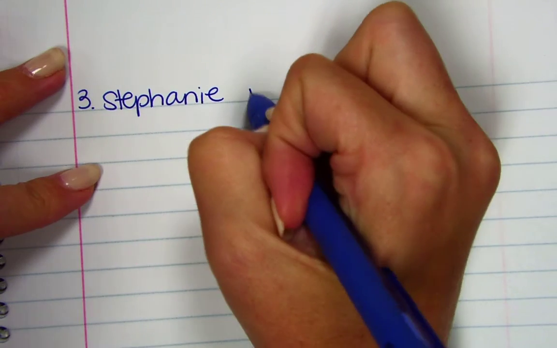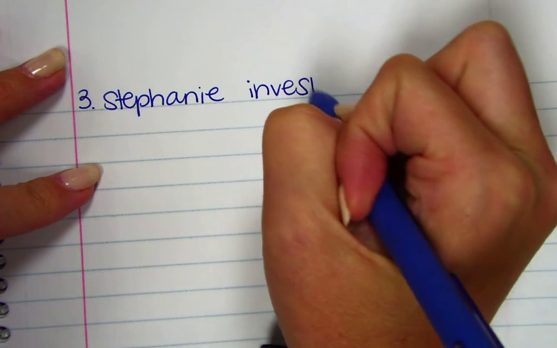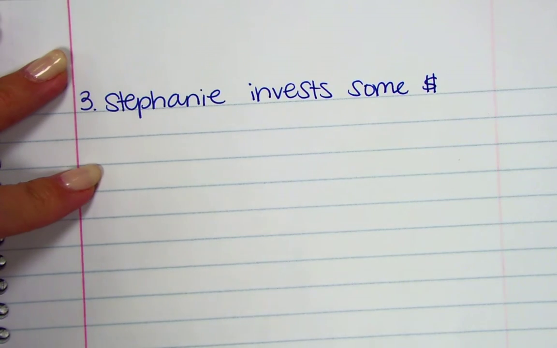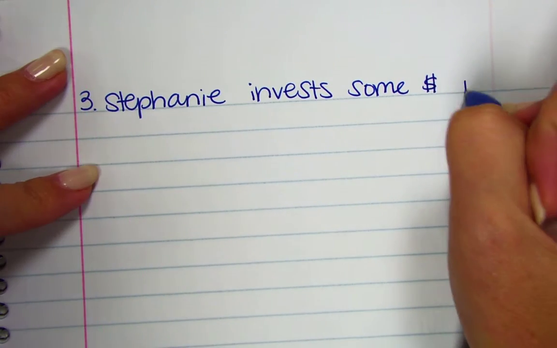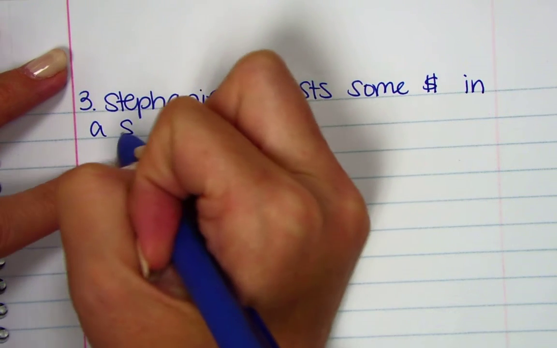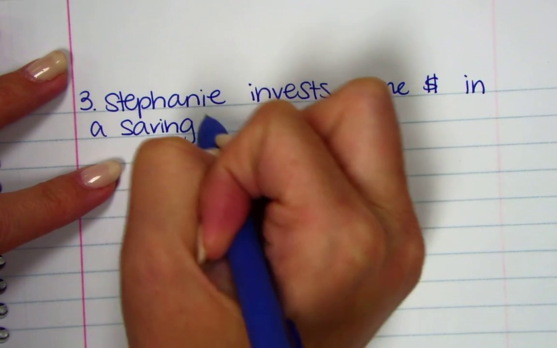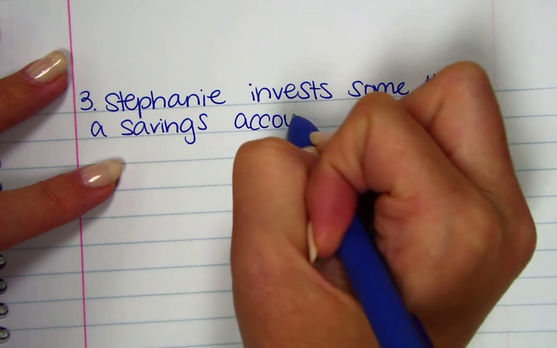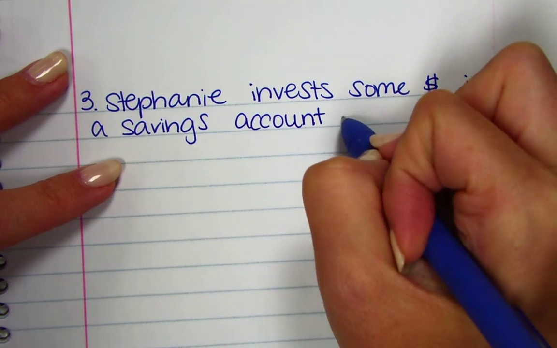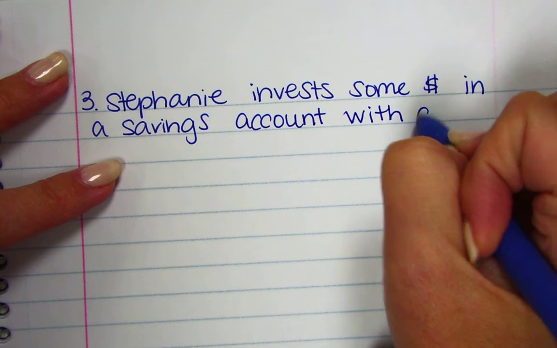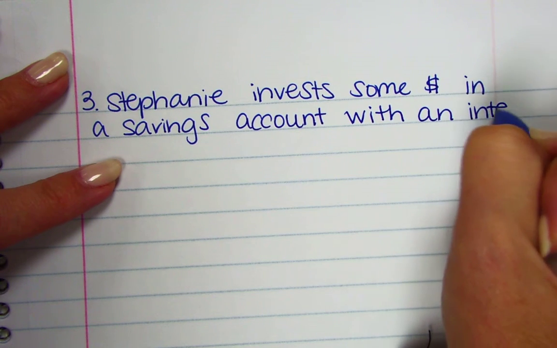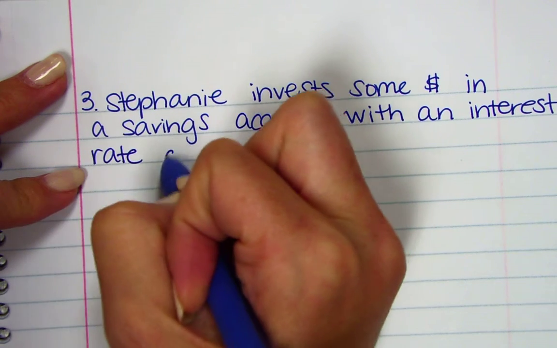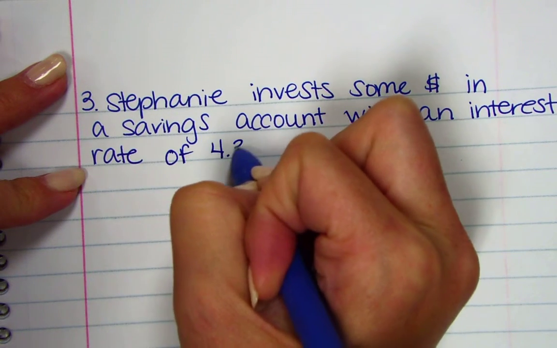This time, she invests some money. Stephanie invests some money in a savings account. Okay, they're not all going to be savings accounts. We talked about this last class. They didn't like that there were so many savings accounts. In a savings account with an interest rate of 4.31%.